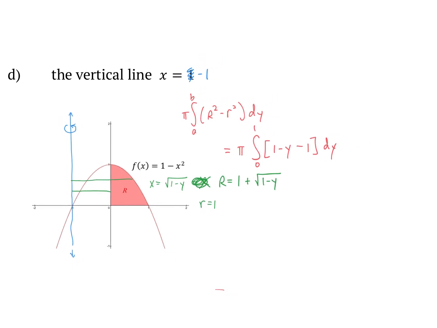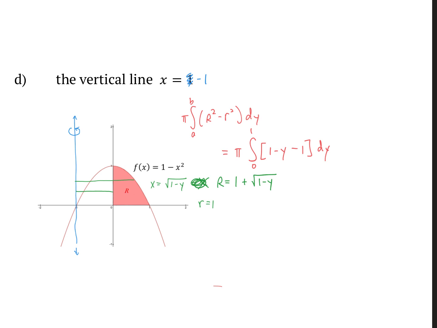Okay, so let me fix this. So that bigger radius gets squared. Doesn't matter what it is. This would be a calculator question if they asked, probably, I think. Maybe not. And then minus the inner radius squared dy. Okay, so that would be it.